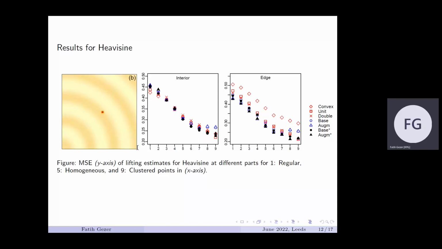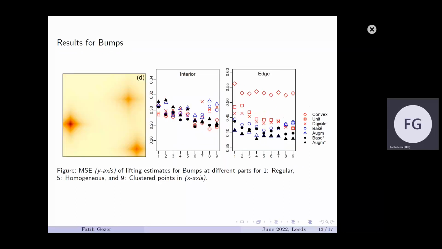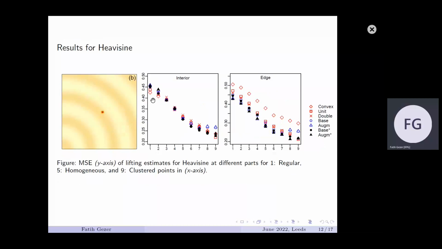When we are applying the lifting method, we are using different weights that are obtained from the Voronoi cell area. So we use different weight methods: cell area obtained from the convex hull, cell area obtained from a unit square boundary, and some types of adjusted weight methods. These are different types of predicted cell area, using different models.